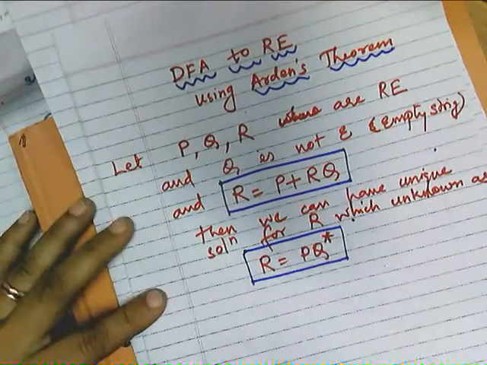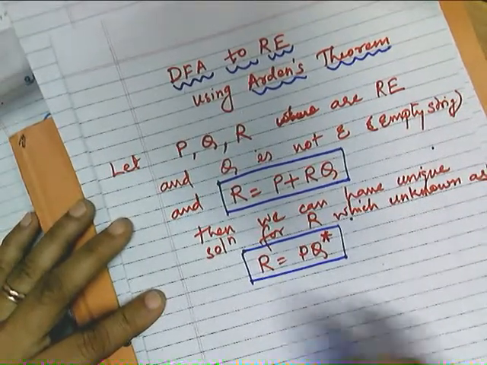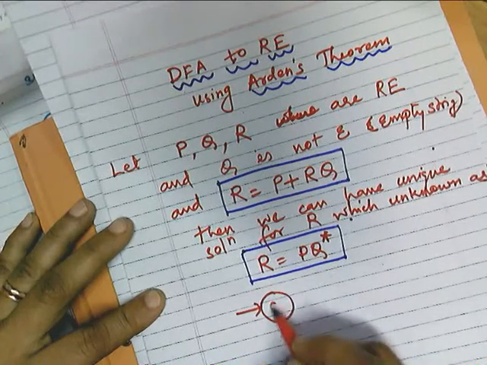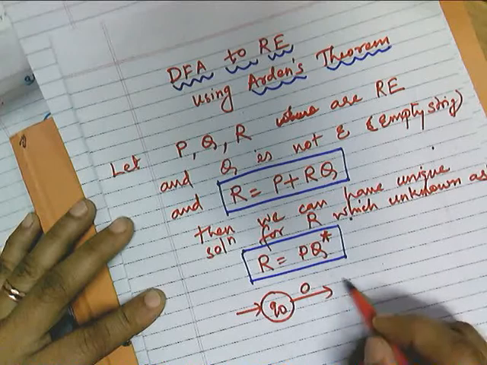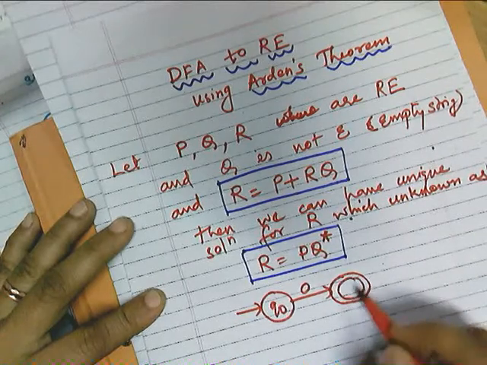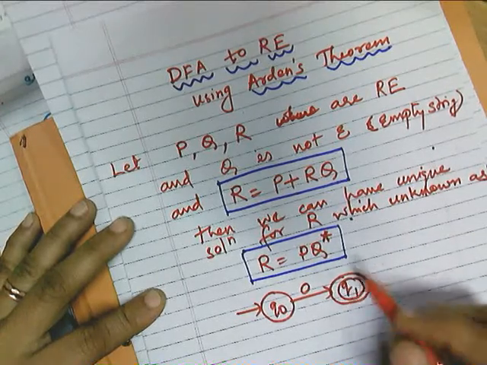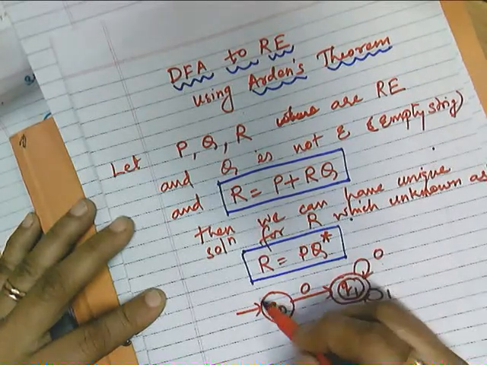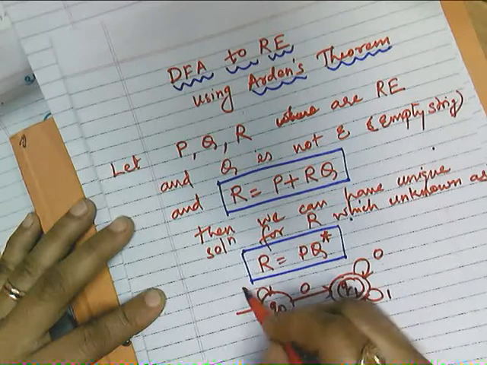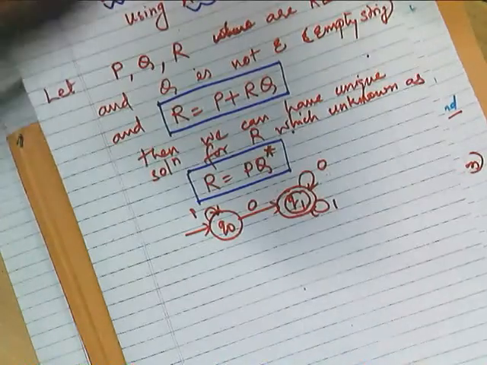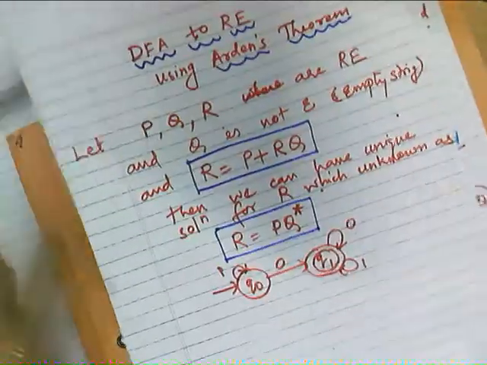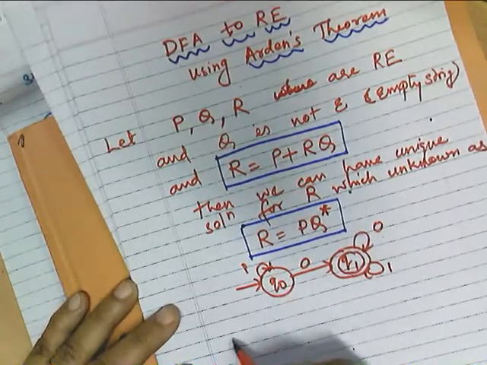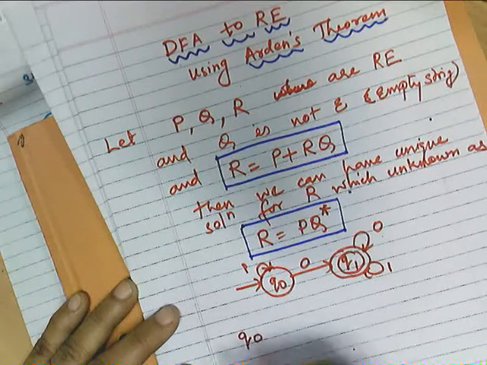So for using Arden's theorem, very first we need to express the given DFA as equations where every state is represented by one equation. Okay, so we will try now to express this. What is the expression for state Q0?